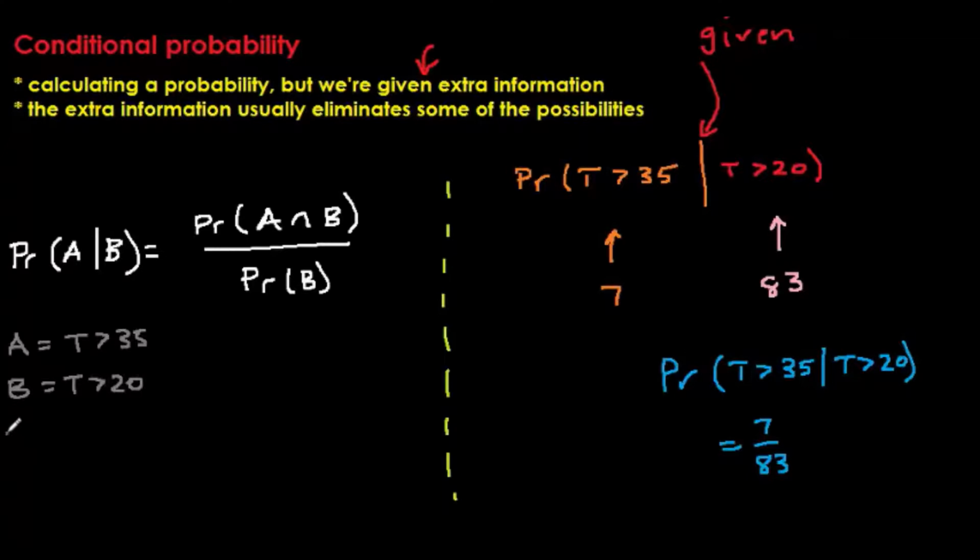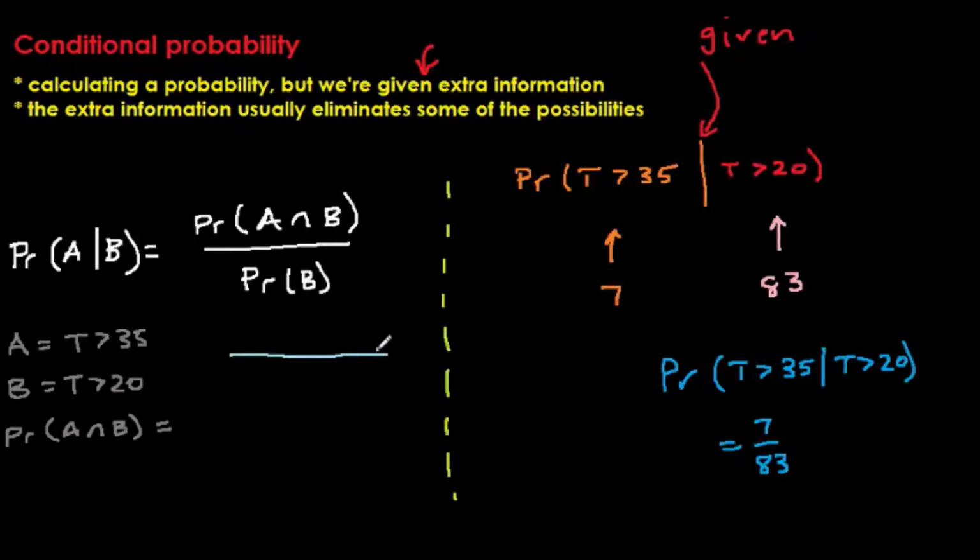So therefore, the probability of A and B both occurring, that's the intersection, means the temperature is over 20 degrees and it's over 35 degrees. And that might sound a little bit confusing, but let's have a quick look at a number line.